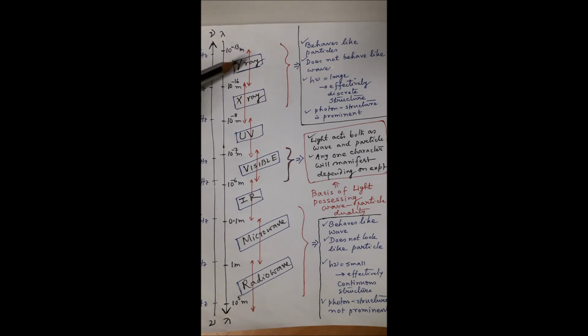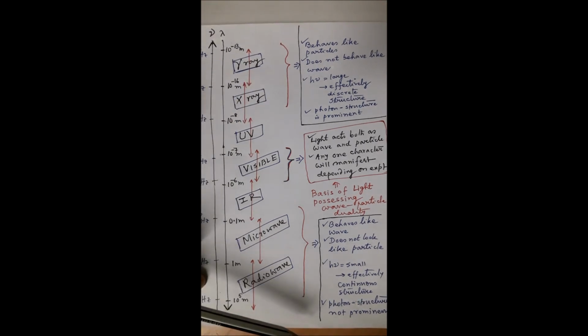This is evident because here nu is extremely large. A large nu means h nu is very large. So effectively, since h nu is very large, things are discrete. That is, the photon sizes are very prominent. We cannot neglect the photon structure.